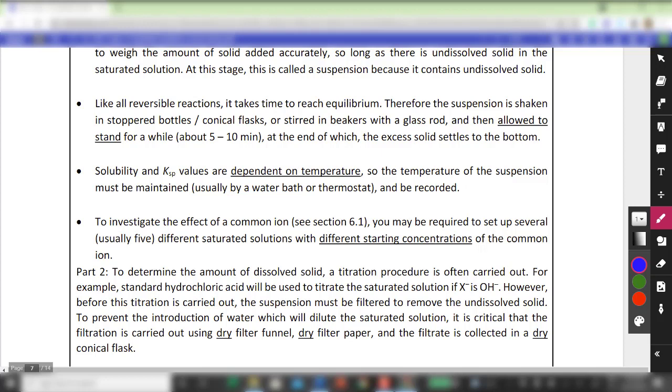If you want to investigate the common ion effect, which we will introduce later in section 6.1, you might want to prepare a different initial concentration of the common ion. That will be this particular bullet point.